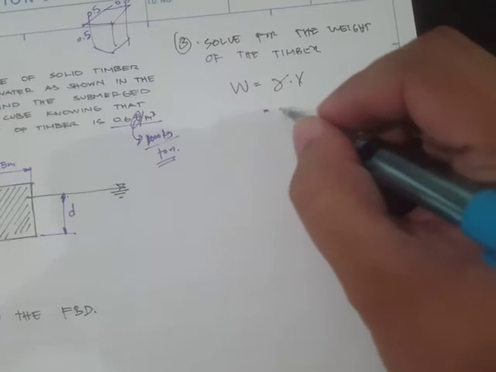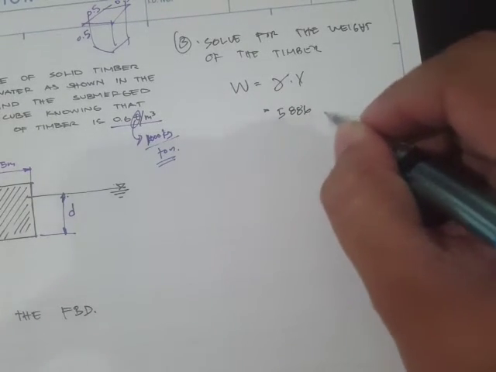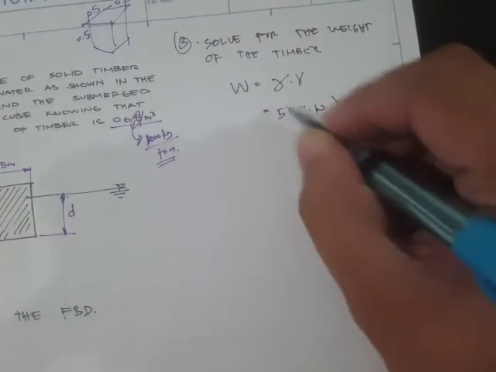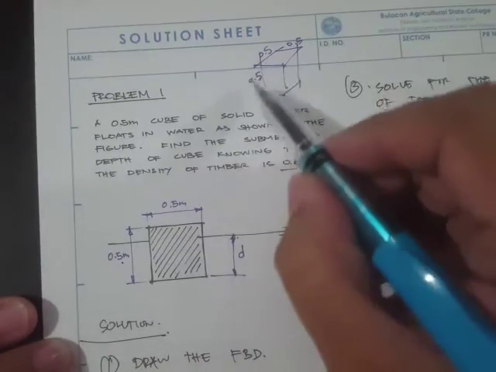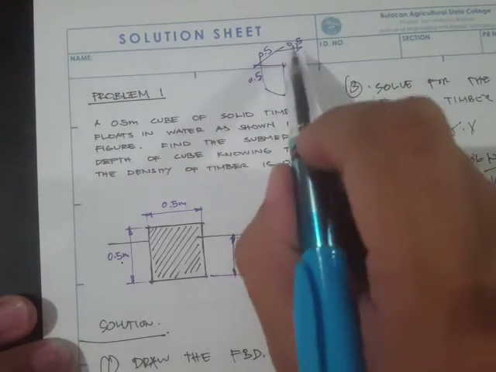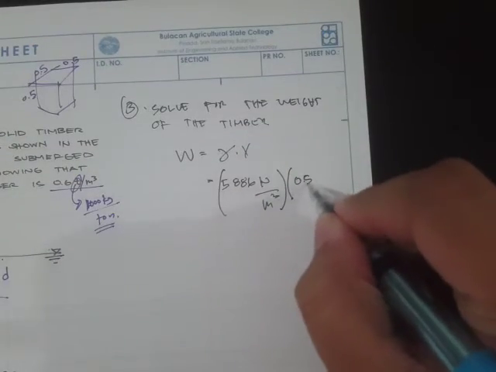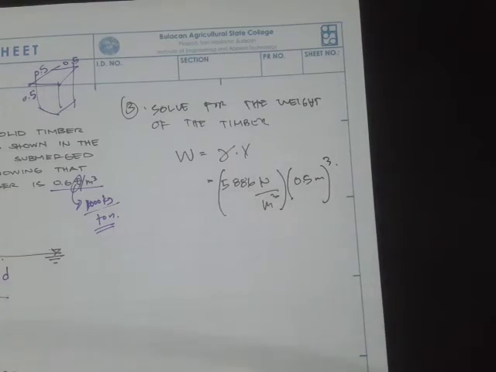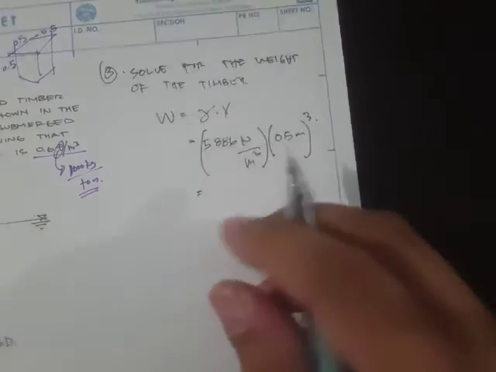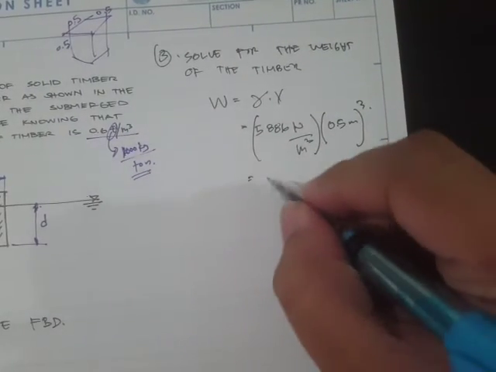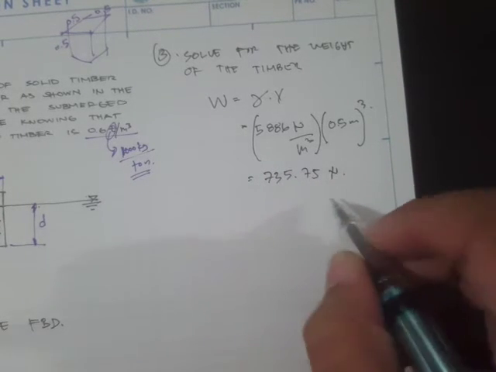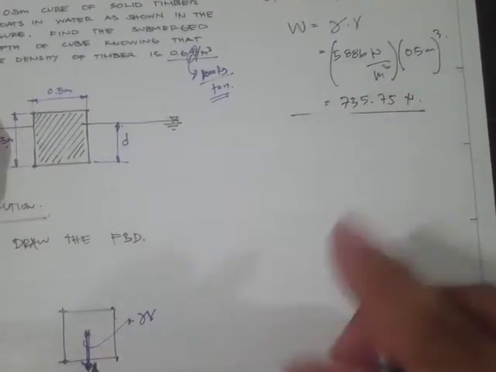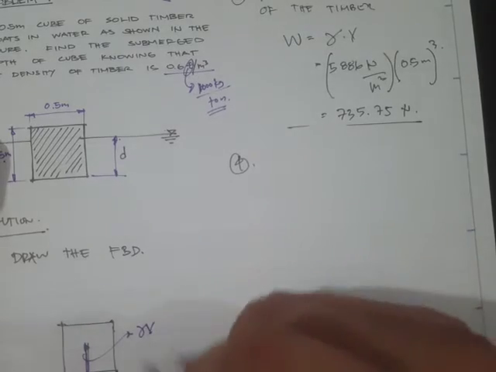This is 5,886 newtons per meter cube, and the volume of the cube is 0.5 times 0.5 times 0.5, so it's just 0.5 raised to 3. Our value here is 735.75 newtons.